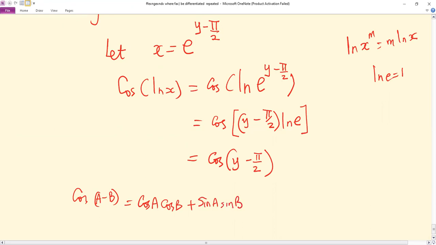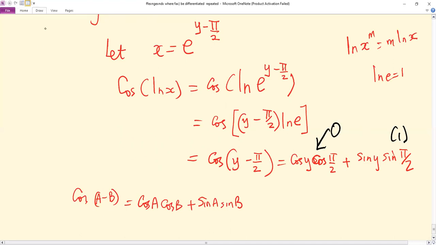So which means this is the same as cosine of y, cosine of pi over 2 plus sine of y and then sine of pi over 2. And you see cosine of pi over 2 is 0. So this part will be 0, and sine of pi over 2 is 1. So 1 times sine y is just sine y.